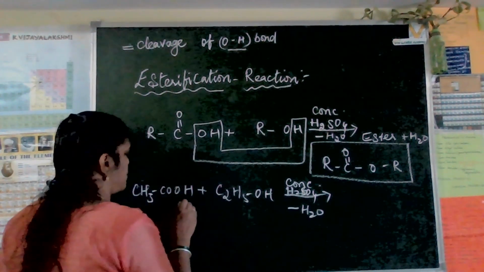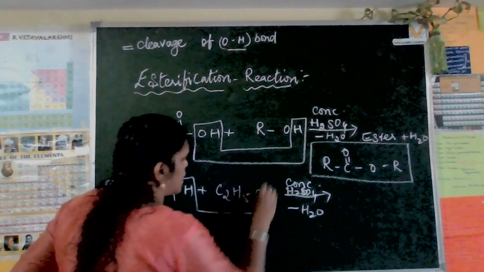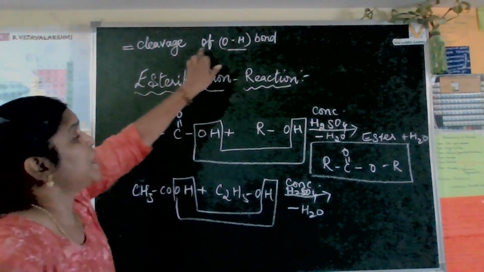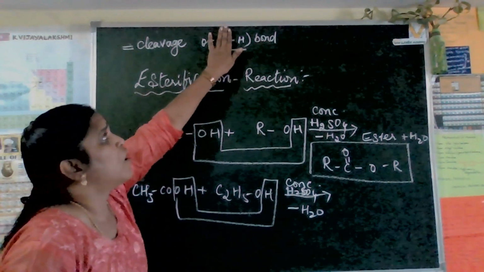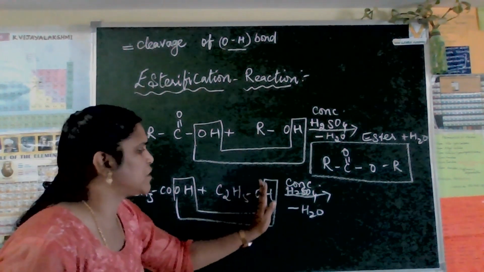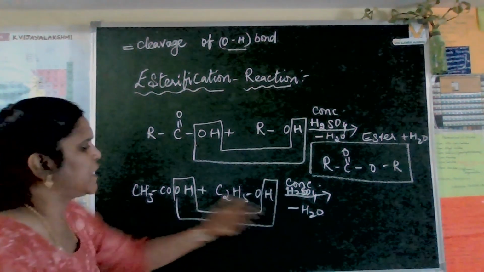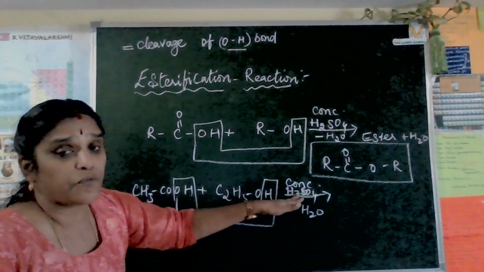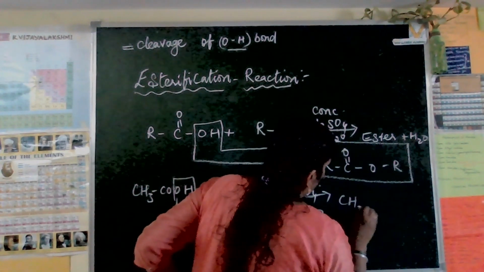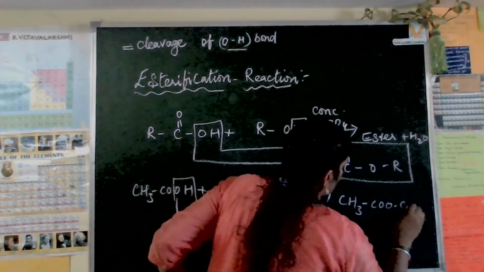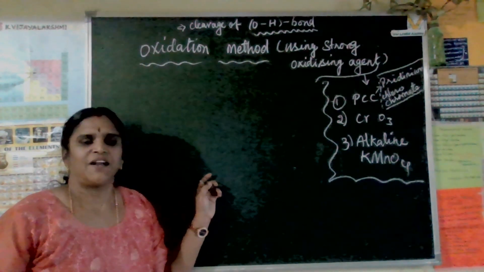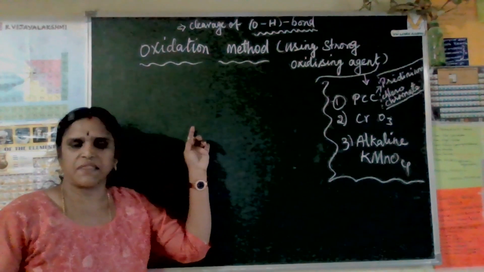In the same way, you put OH from here and hydrogen from here. Why did I mention hydrogen from here? Cleavage of the oxygen-hydrogen bond: from the oxygen-hydrogen bond, it is moving away. That is the reason I put H from here and OH from here. So the water molecule forms because of the concentrated sulfuric acid. So you get CH3COOC2H5, ethyl ethanoate.